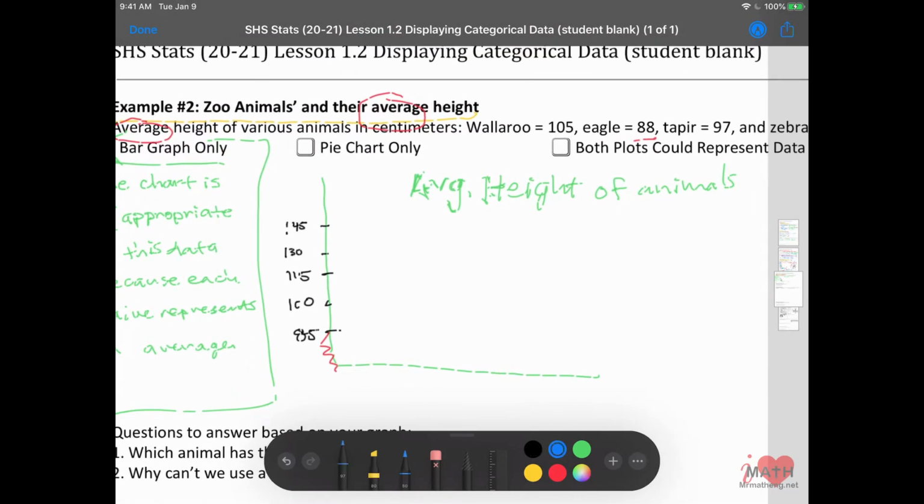All right, so let's go ahead and do the wallaroos. Wallaroos go up to 105. And then we got some eagles. Eagles are 88.